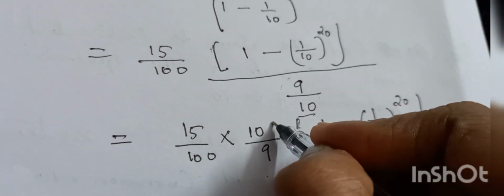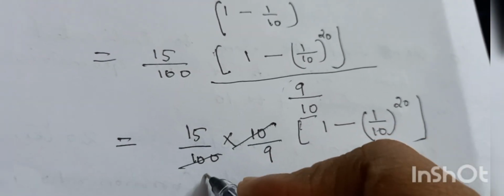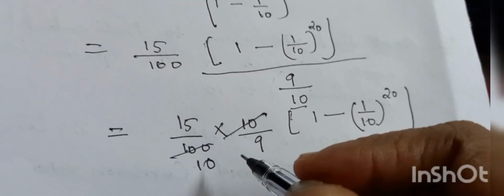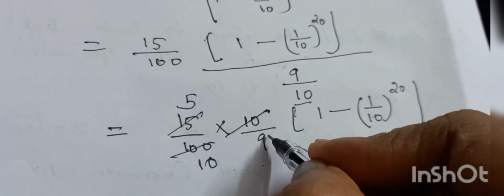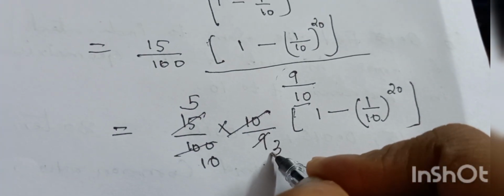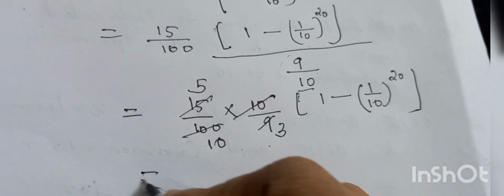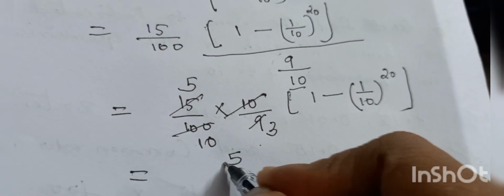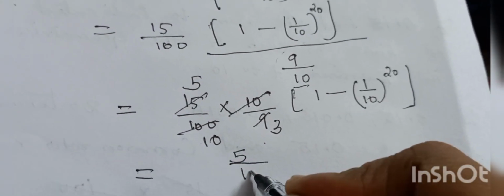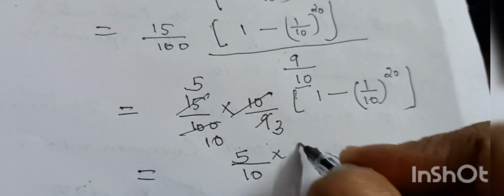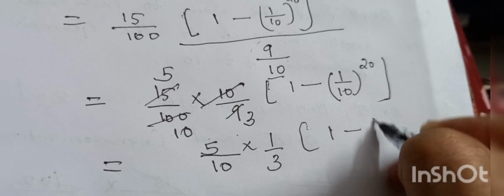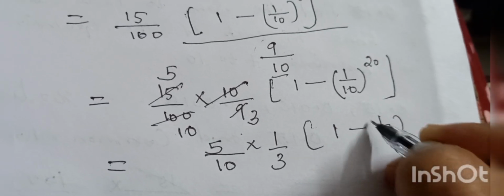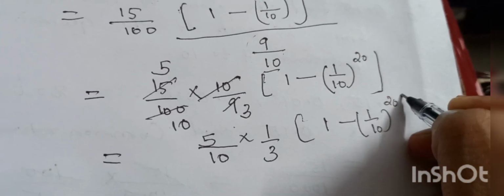So 10 tens are 100. So 3 5s are 15, 3 3s are 9. So we get 5 by 10 into 1 by 3 in bracket 1 minus 1 by 10 to the power 20, close the bracket.